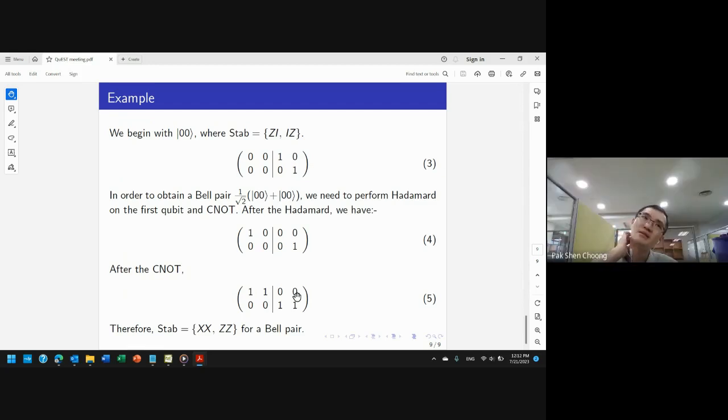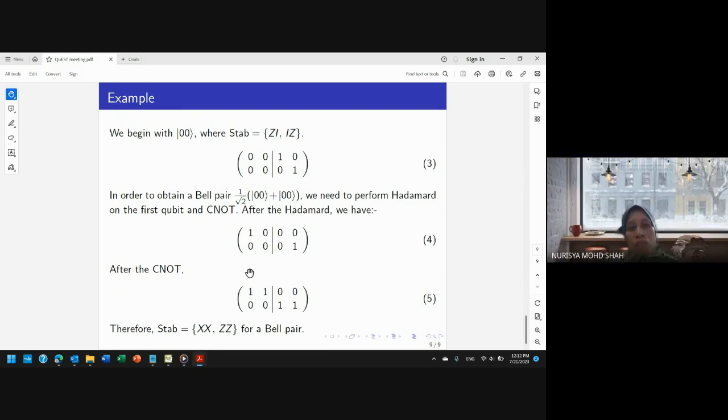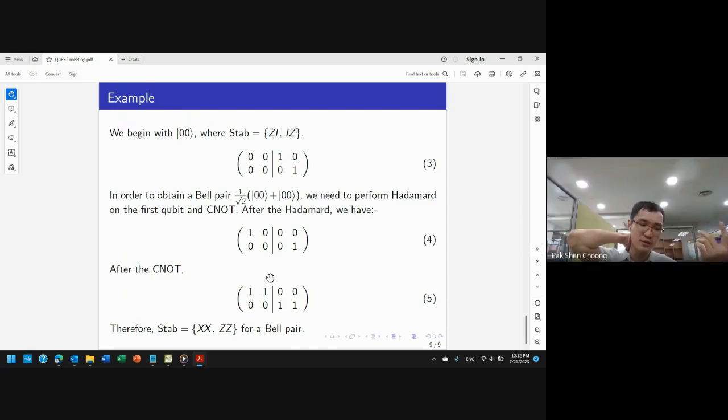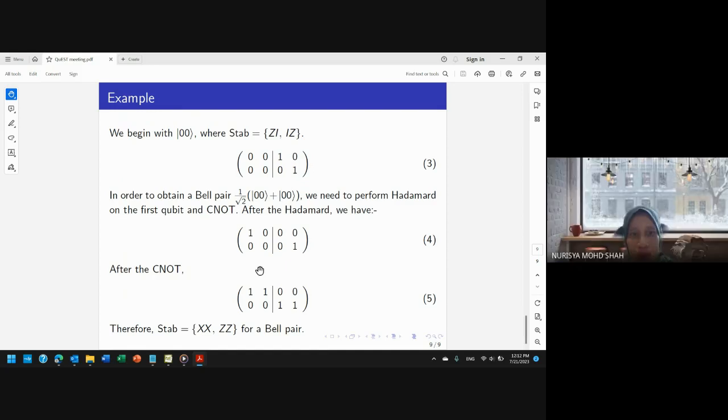I think it might be possible, but perhaps you have to change the rule a little bit, because when you perform the XOR there's actually no plus minus, it's zero and one. So I think you need to change the rule a little bit, but I think it can be done. Oh, okay.